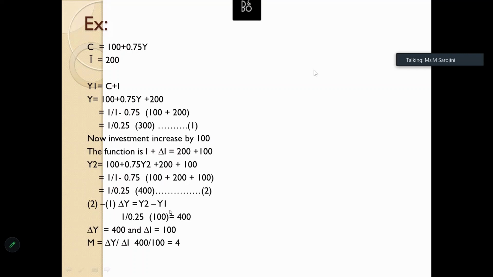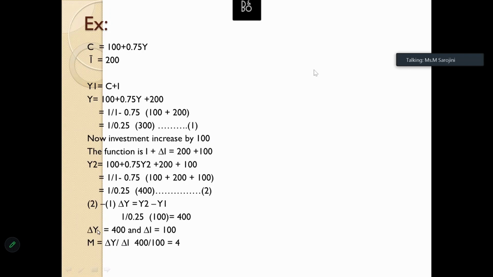That means we are subtracting equation 1 from equation 2, then you can get the changes. Here the change is delta Y, that is Y2 minus Y1. The change is equal to 1 divided by 0.25 into 100, and already 300. Here 400 minus 300 is 100.